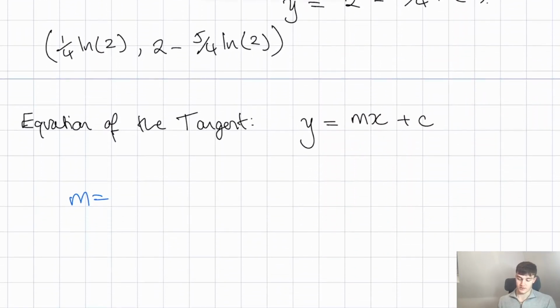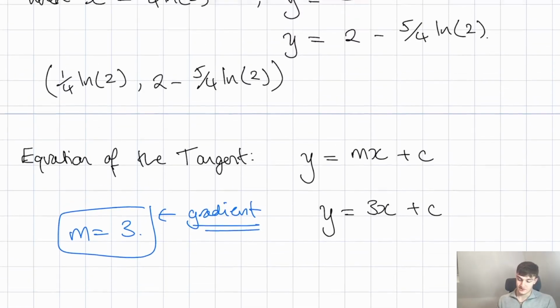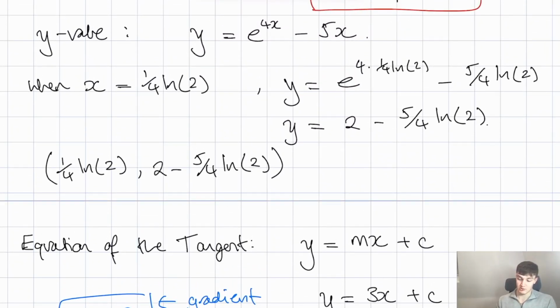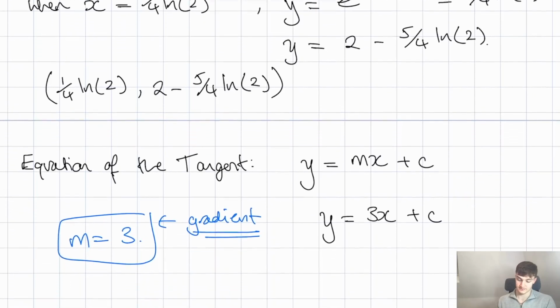Well, we haven't worked it out, but we know it has to be 3, because that was by intention. So we know our equation of the tangent has the form y is 3x plus c. Now to work out c, we need to use a point on the line, which we have here. That's the whole point of that.